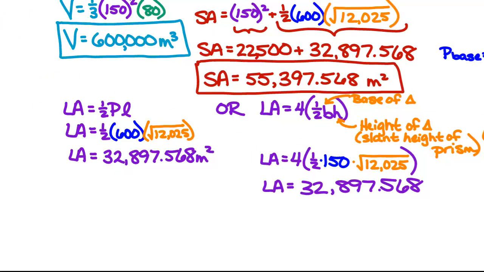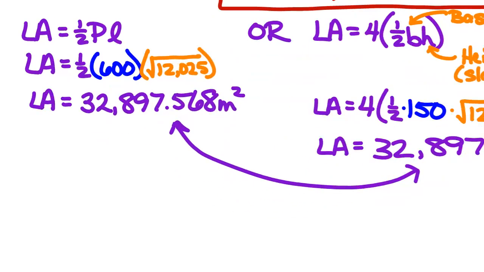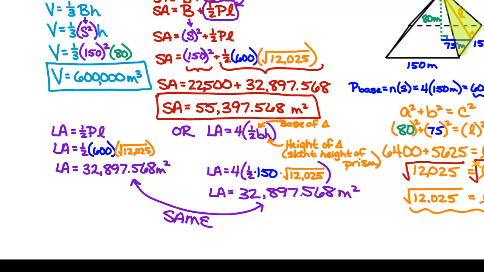What do you notice? It's exactly the same as when I did 1/2 perimeter times my slant height. So there's 2 different ways that we can find the lateral area. Either one of those methods is fine.